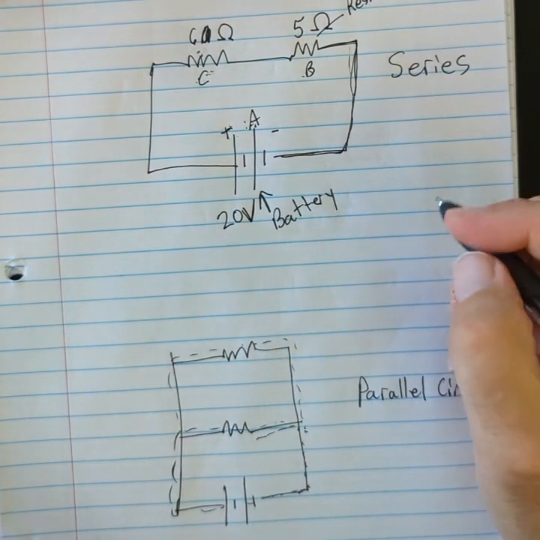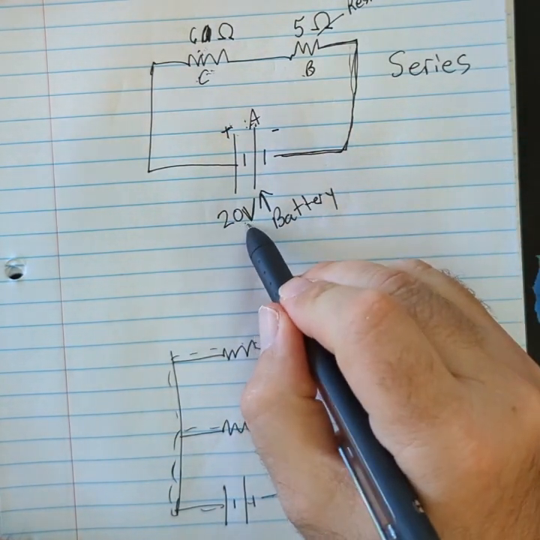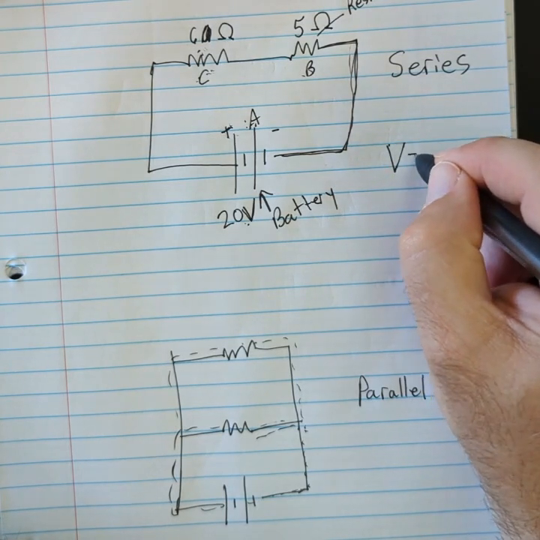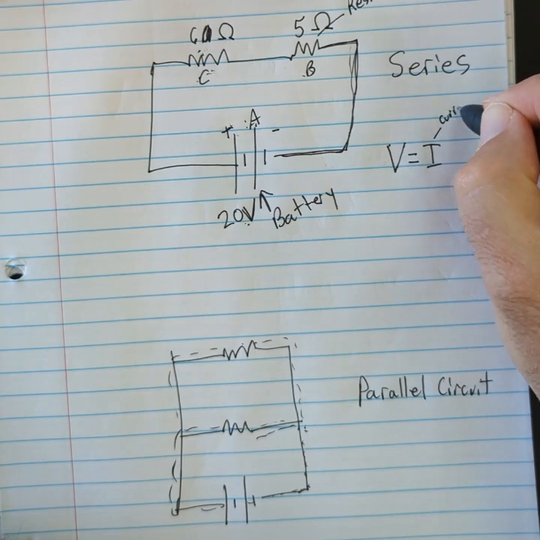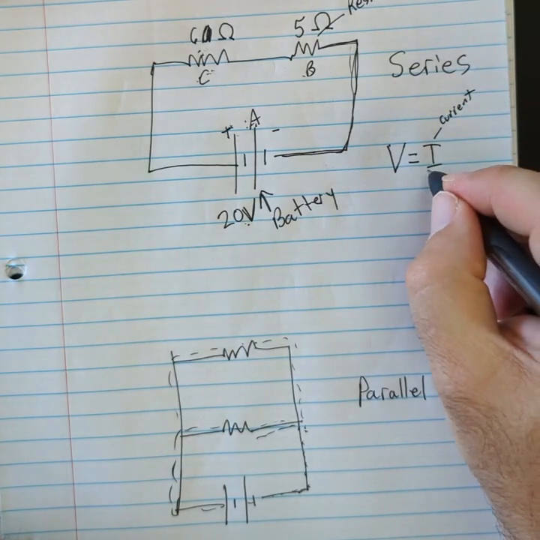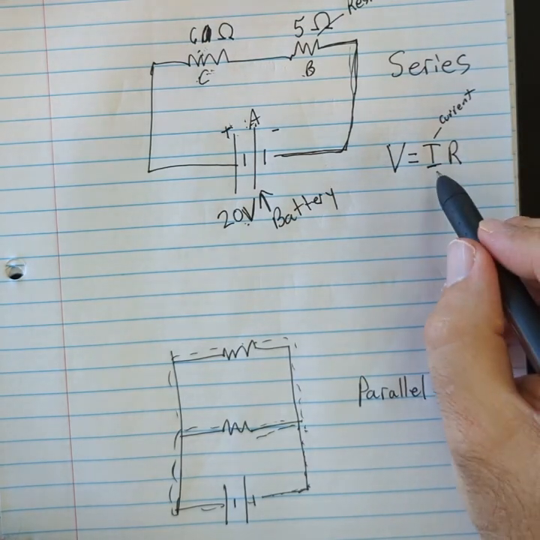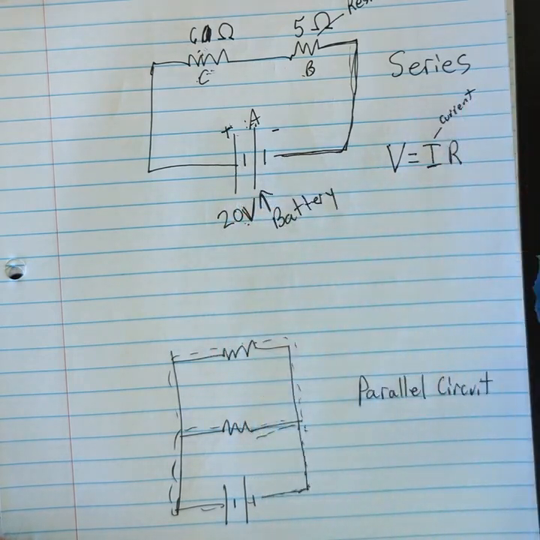All right, now a question you might get asked about this is what would happen if you double the voltage? Well, the equation you need is that voltage is equal to I, the current, times R, the resistance. So voltage is like the steepness of a hill.